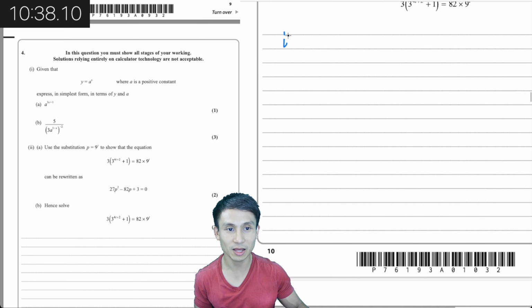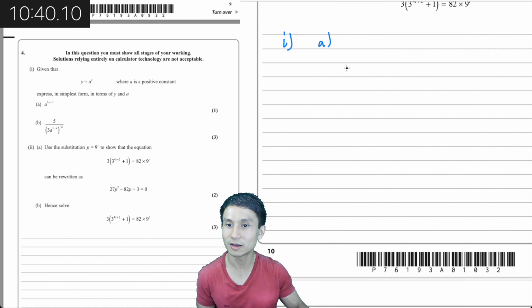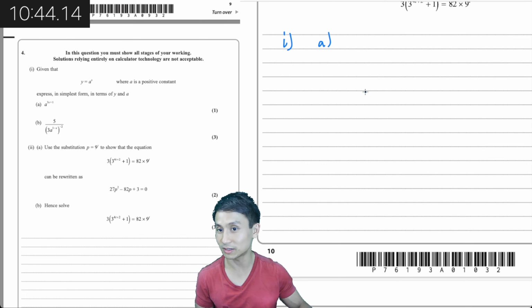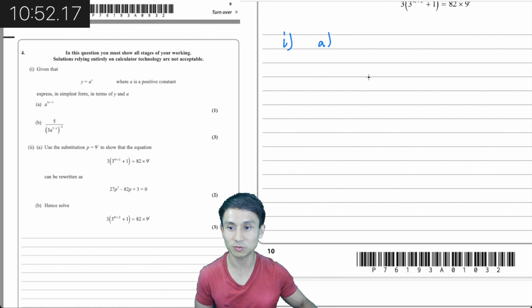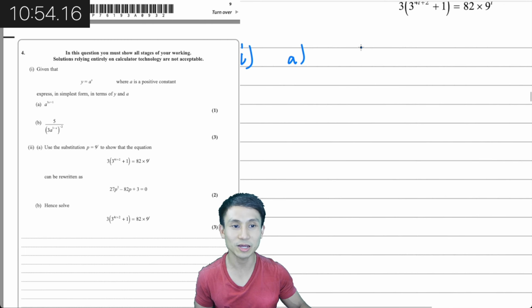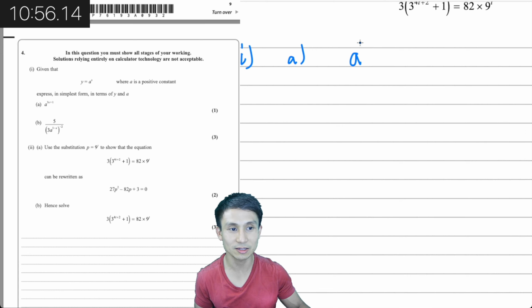Question 4, part a. Given that y equals a to the x, where a is a positive constant, express in simplest form in terms of y and a, a to the 3x plus 1. So a to the 3x plus 1 is a to the 3x times a to the 1, which is a.